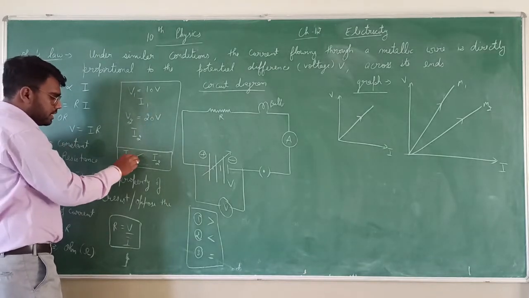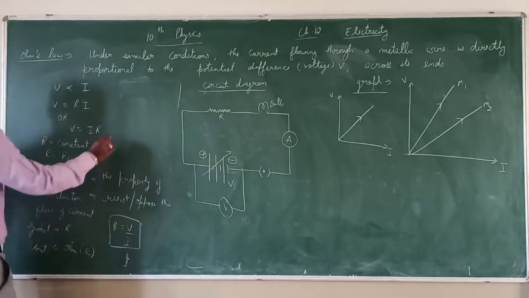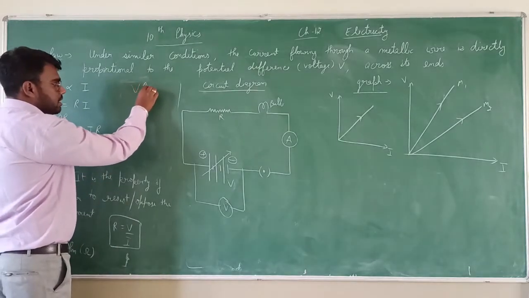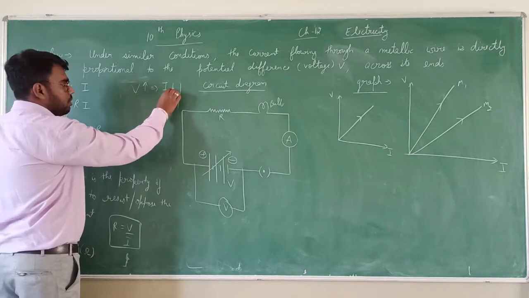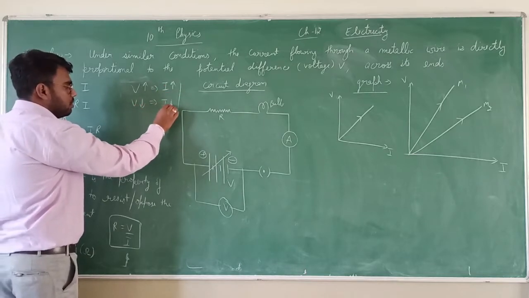So I can easily say that I2 is greater than I1. This is Ohm's law. If we increase the voltage, the current will increase, and if we decrease the voltage, the current will decrease. V is directly proportional to I.